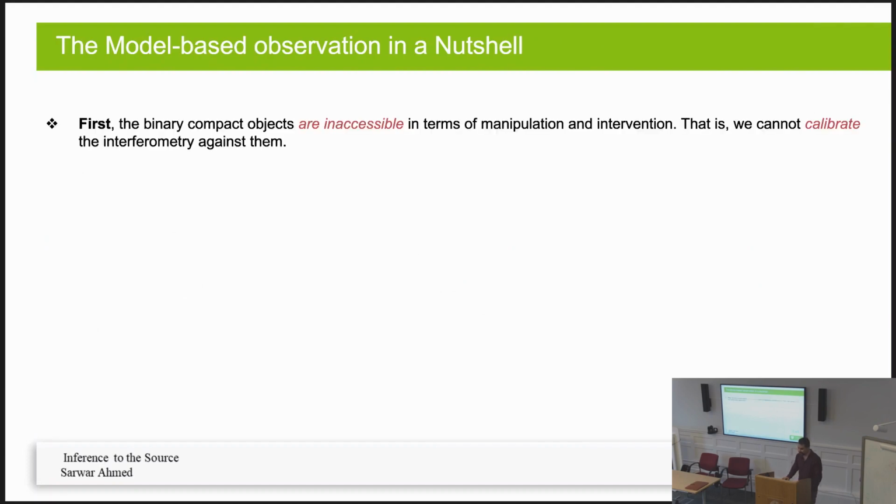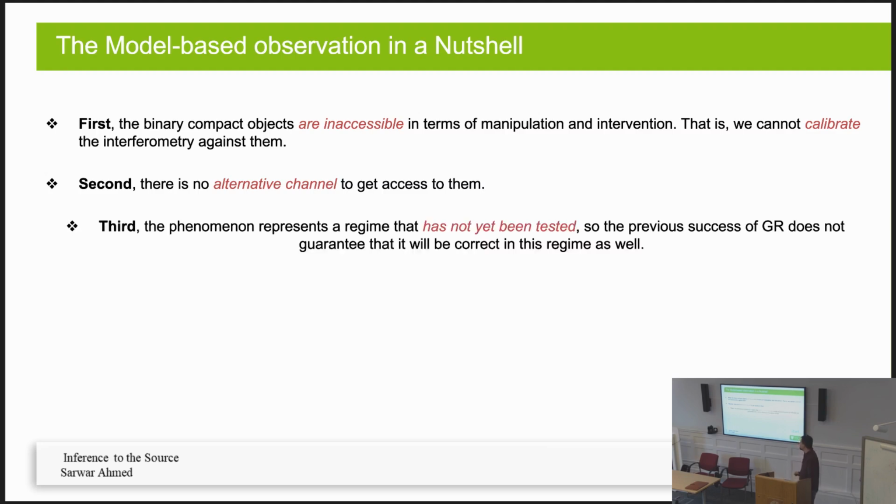So in a nutshell, the problem is that binary compact objects are inaccessible in terms of manipulation and intervention, if you think in terms of Hacking. So we cannot calibrate the interferometry against them. Second, there is no alternative channel to get access to them.